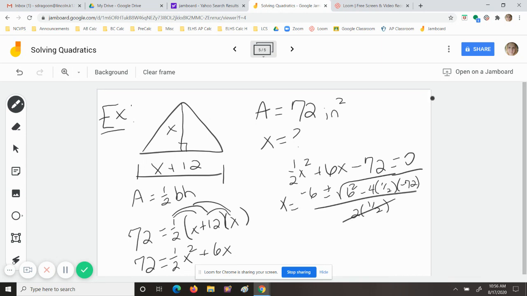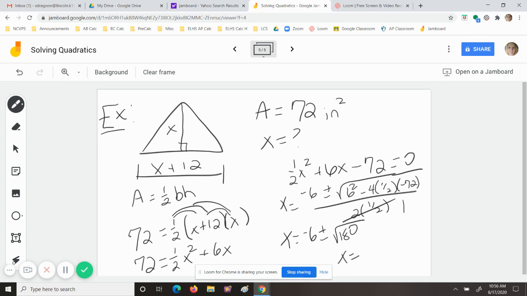Oh, that's nice. 2 times 1/2 is just 1, so we don't have to deal with the bottom anymore. So we have negative 6 plus or minus square root of 6 squared is 36. Negative 4 times 1/2 times negative 72 is 144. 36 plus 144 is 180. So we have negative 6 plus or minus square root of 180.